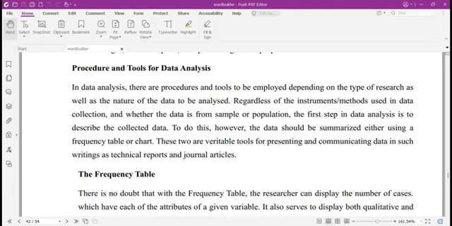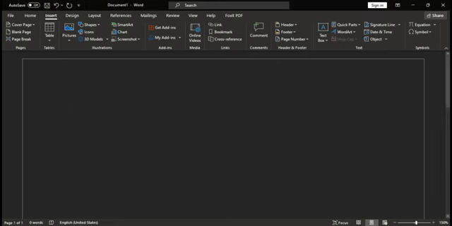Tools for data analysis: you have the frequency table, and you have the charts.